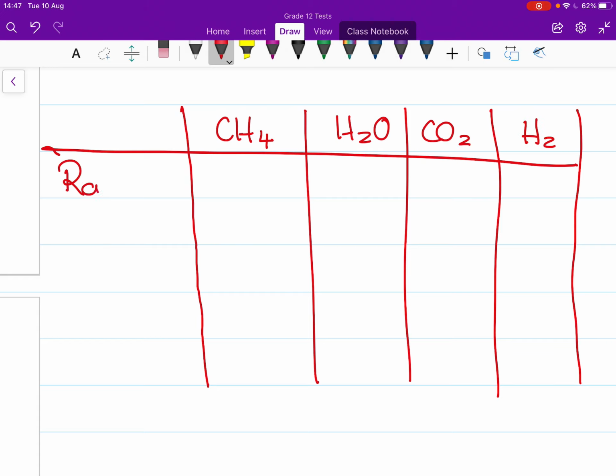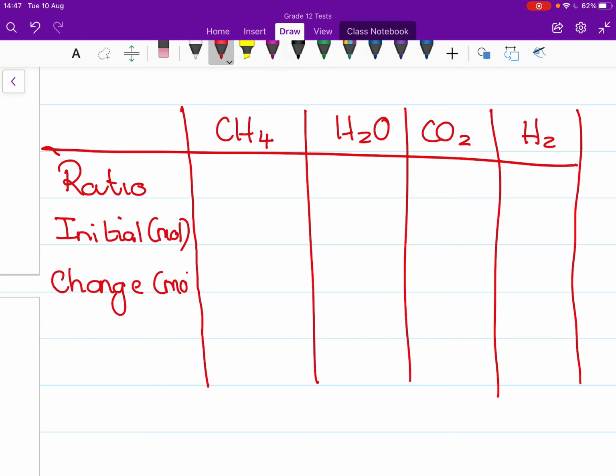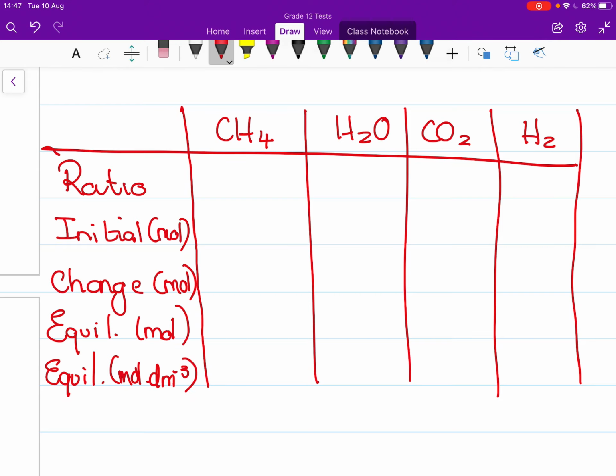Then we're going to have the ratio, initial, which is in moles. We want the change, which is also in moles. We have the equilibrium number of moles and equilibrium concentration, which is moles per decimeter cubed.